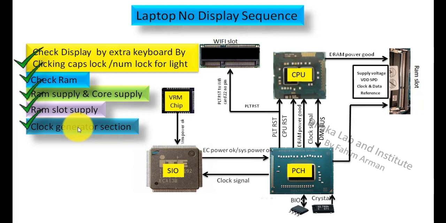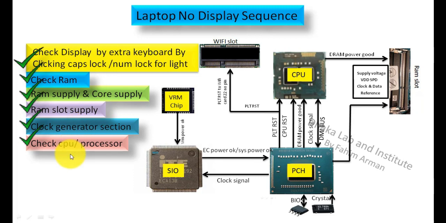After that, if everything is okay and there are other issues, such as other voltage signals, later on I'll discuss that. If everything is okay, then you can check the CPU or processor.